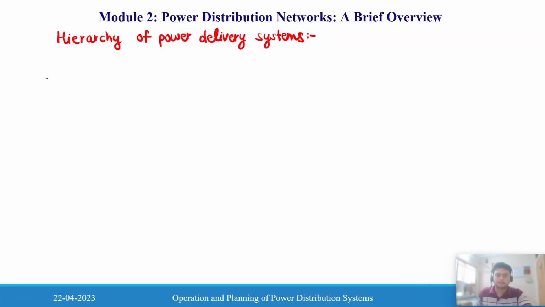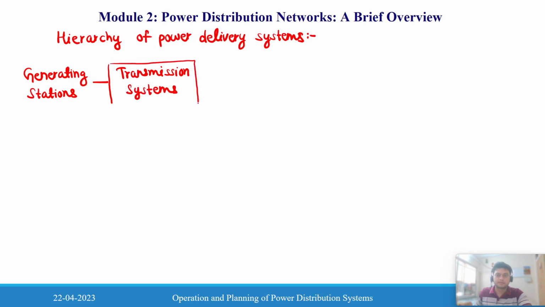So first we have the generating stations, and then the transmission network comes, the transmission systems, and then we have a substation.